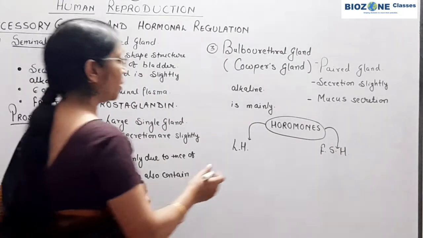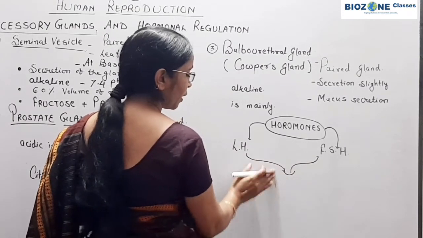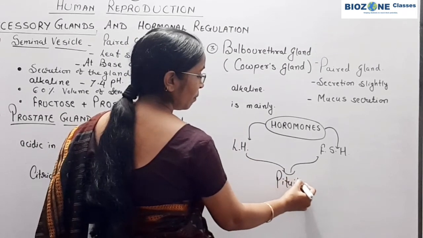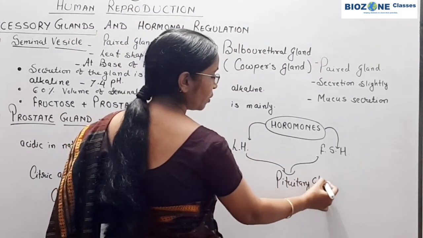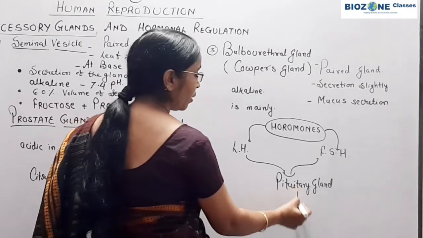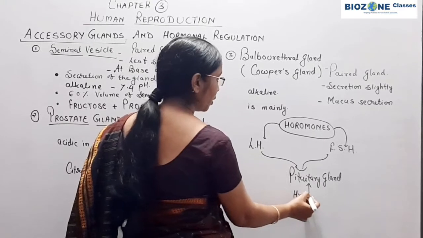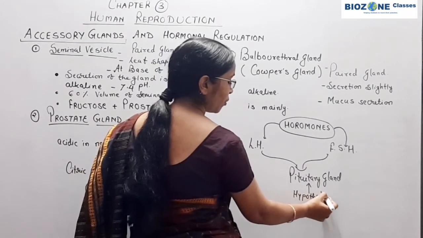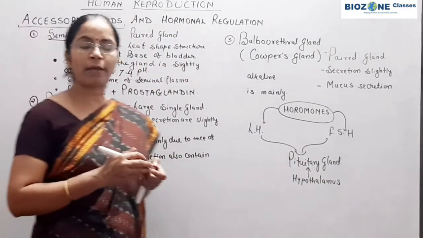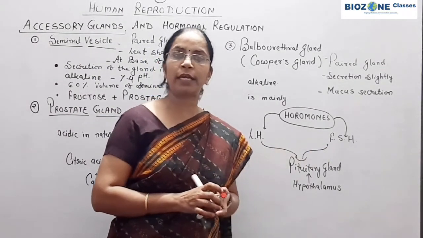Both these hormones are produced by the pituitary gland, the anterior pituitary. The secretion of LH and FSH is under the control of the hypothalamus. The hypothalamus gives a message to the pituitary gland, and in response the pituitary gland starts to produce these two hormones, LH and FSH.